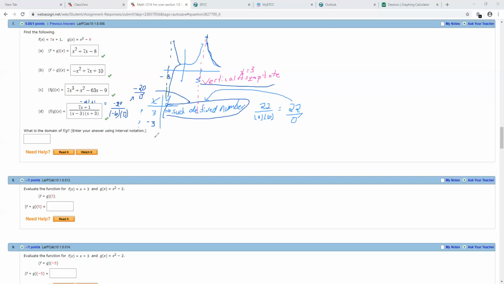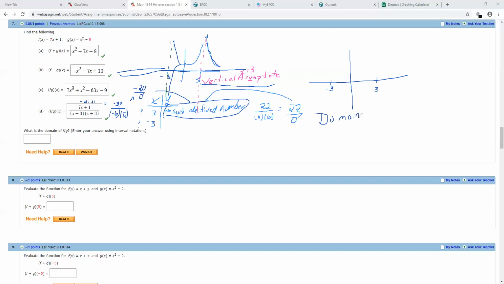So then what's the domain going to be in interval notation? When we're on this x-axis, oh, that's not very good there, I'm sorry. What will be the domain set if we know the only two places that there's no mapping are at 3 and -3? So then what's the domain set going to be, Griselda?